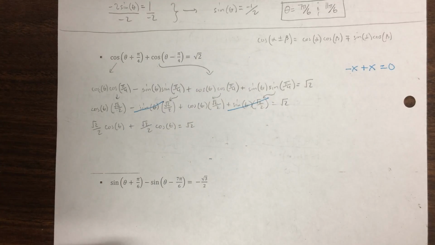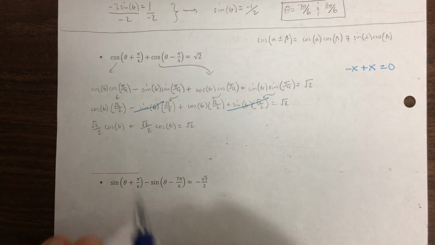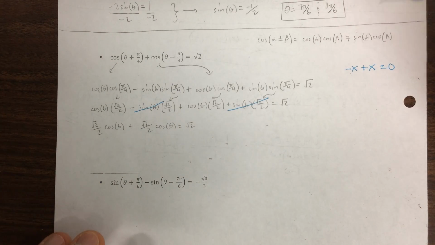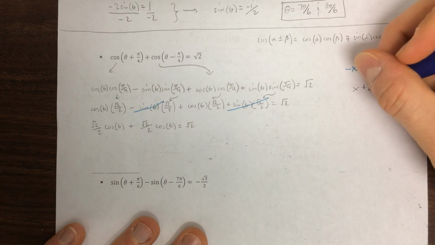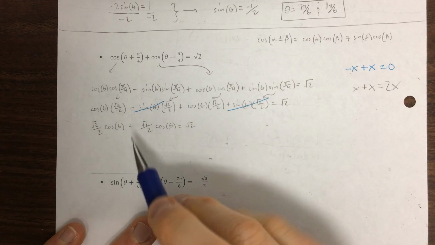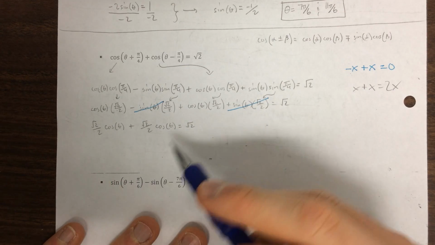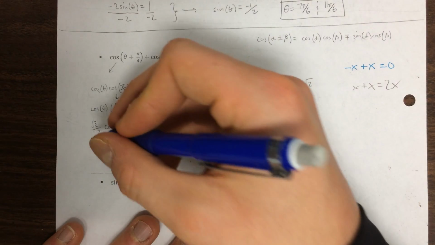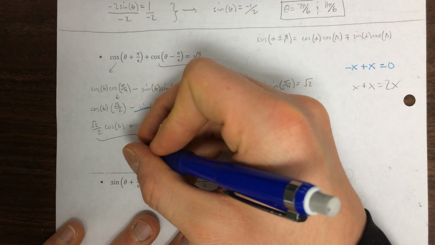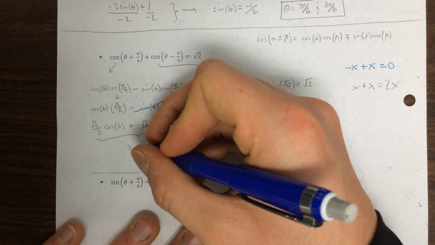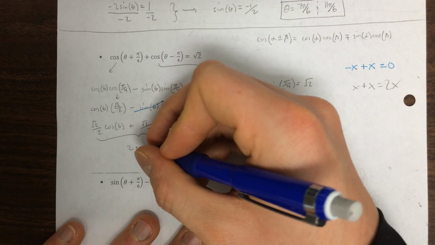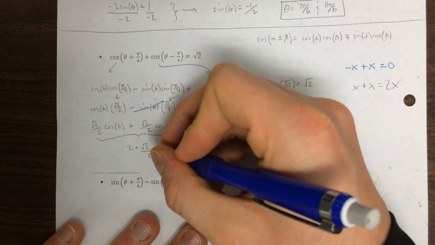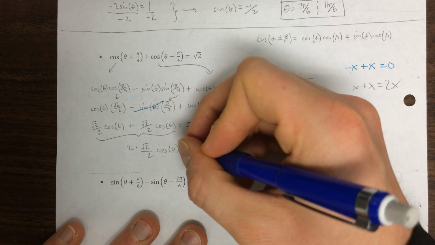And again, we have the same thing, similar to what we had with the x's. x plus x is 2x. Same thing here. We have the same thing twice. So what's happening is this becomes 2, if you want to think of it, times square root of 2 over 2 cosine theta.